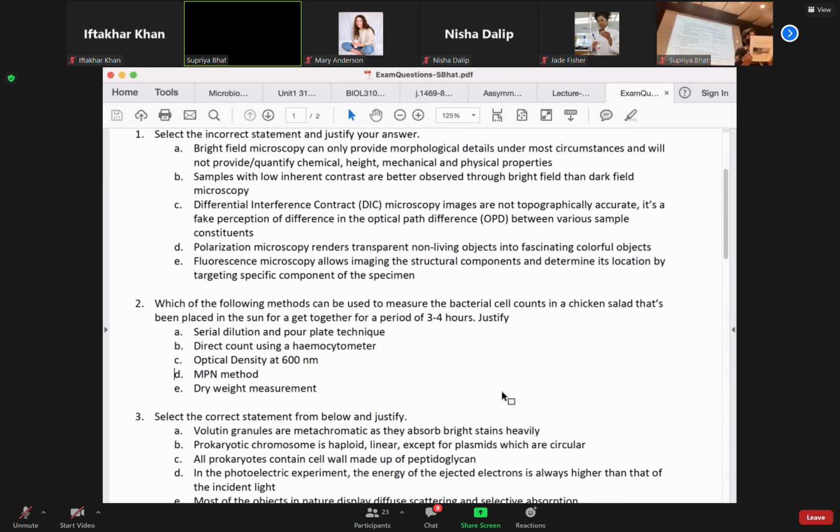Many of you chose hemocytometer, which I was kind of disappointed with, because there are lots of things going on in chicken salad. How could you possibly visually distinguish bacterial cells from the food? It would be impossible.